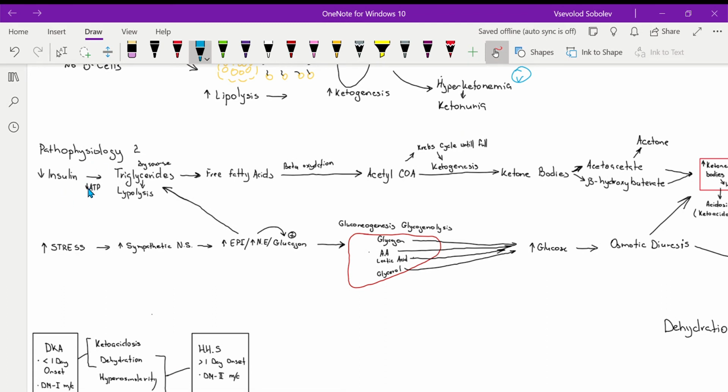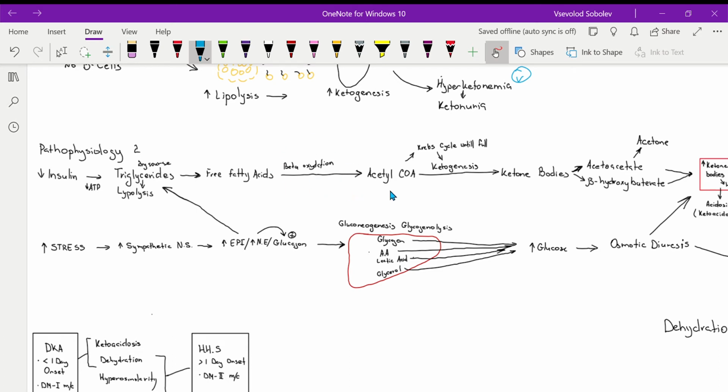So decreased insulin leads to decreased ATP in the cells. All this will stimulate the secondary sources to be activated. The triglycerides will be undergoing lipolysis and become free fatty acids. These free fatty acids will undergo beta oxidation.